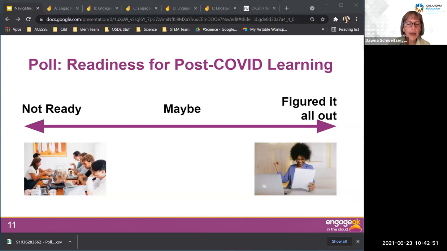And so that is what this survey question is about. How do you gauge your readiness for post-COVID learning? Are you not ready? And you can think about you individually or your district, maybe, or we figured it all out. I mean, I know that some districts have started transition plans and about how gaps will be handled.